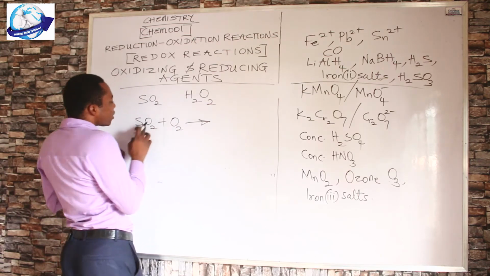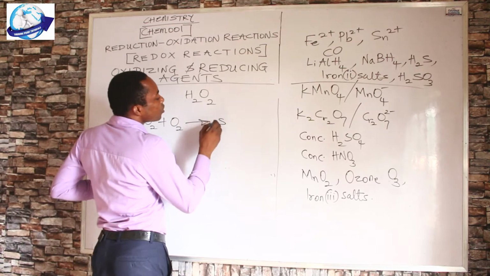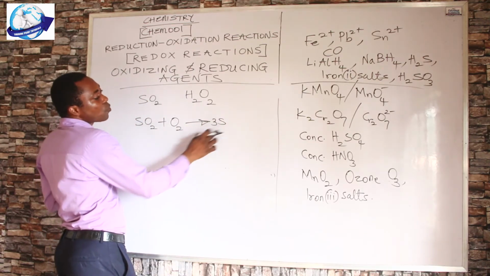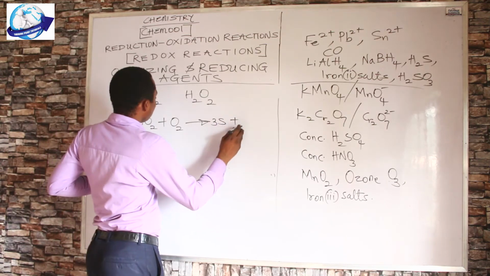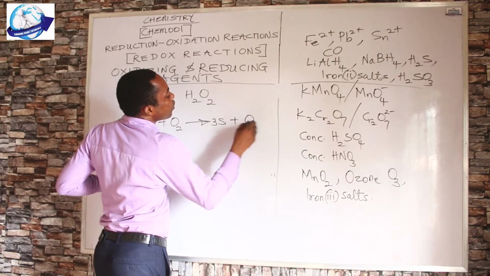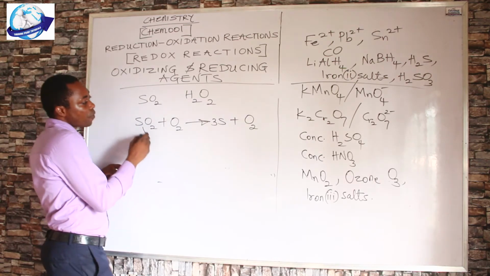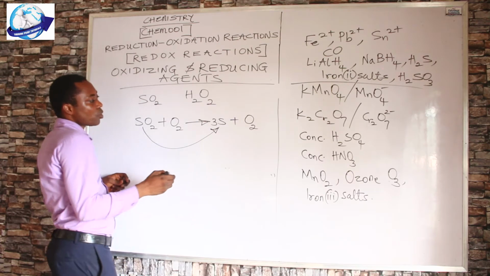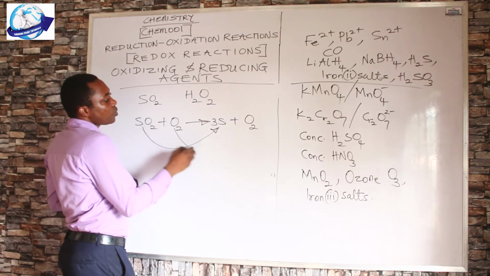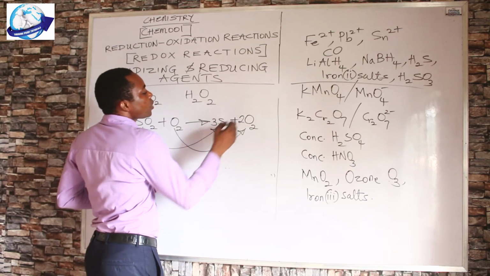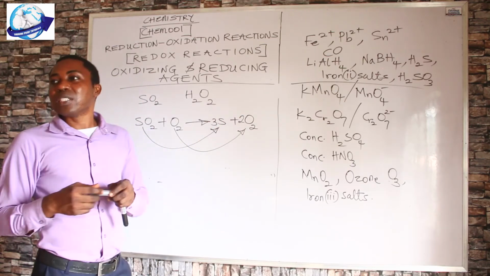You see here that the sulfur stays on its own, that is, sulfur(IV) oxide is being reduced to sulfur, and then you have the other aspect, oxygen. From here to here, what you consider is a reduction reaction, and right from here to here you have to consider it as an oxidation reaction.